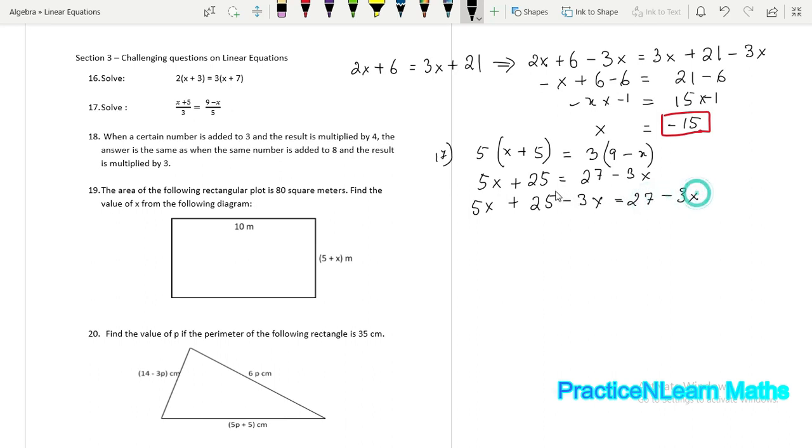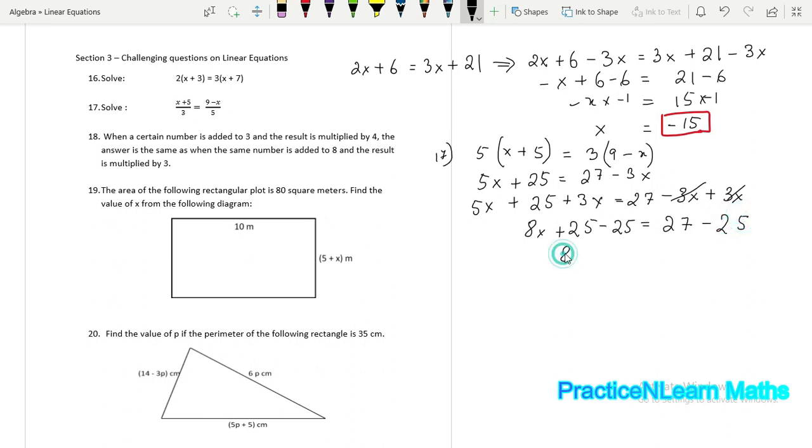Oh, sorry, here we need to add 3x to both sides, so that this one and this one get cancelled out. We get 8x plus 25 is equal to 27. We subtract 25 from both sides.